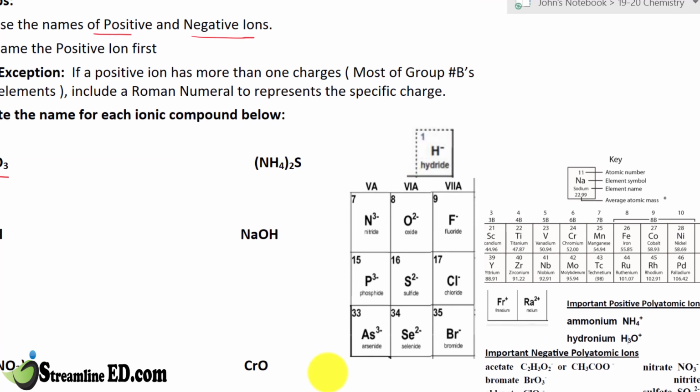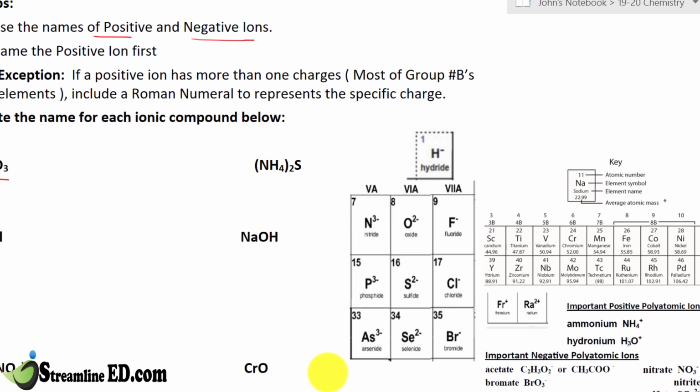If you remember this correctly, the name of the positive ion is just the name of the element, except if you have elements in the B groups, some of which have more than one charge. You have to use Roman numerals to represent the specific charge. For example, copper could have 2+, or it could have 1+.